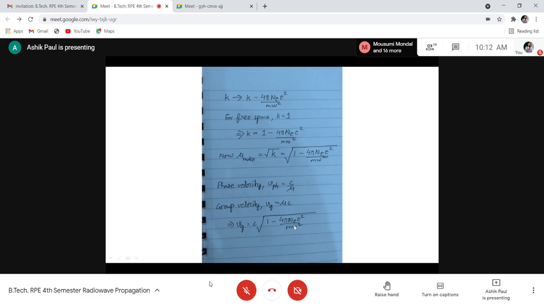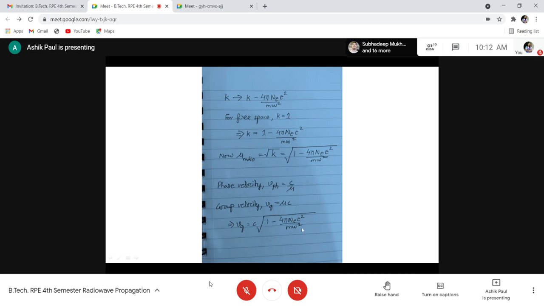So once again, if we apply our already acquired knowledge that up to the height of maximum ionization, say 350 to 400 kilometer, the electron density increases with height, then the second term within the square root sign becomes larger with height up to the peak height.